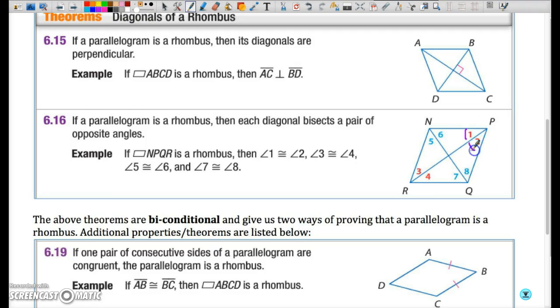In other words, angle 1 is equal to angle 2, angle 3 is equal to angle 4. In fact, 1, 2, 3, and 4 are all equal because a rhombus is a parallelogram, so opposite angles are congruent, and then they are bisected, so the four pieces are all equal. Similarly, 5, 6, 7, and 8 will also be equal to each other.